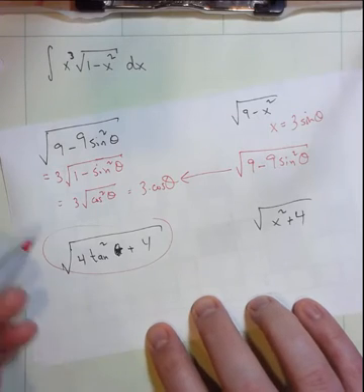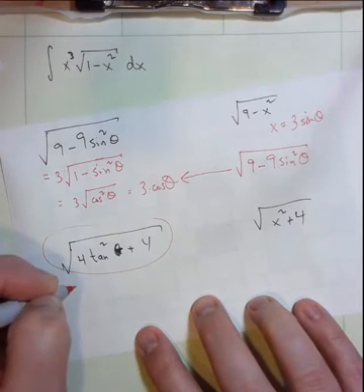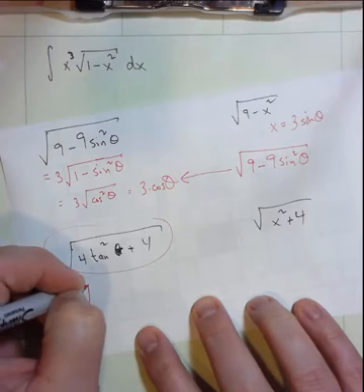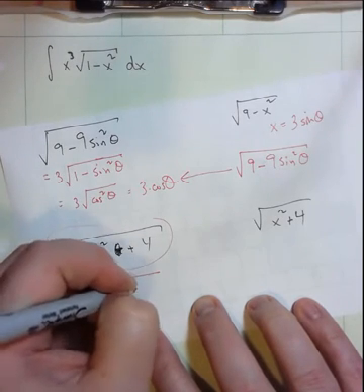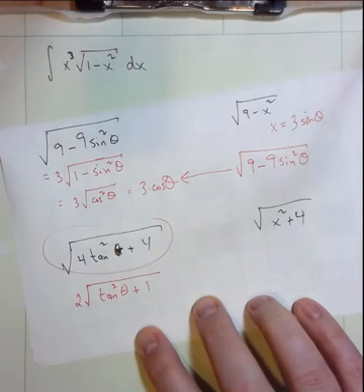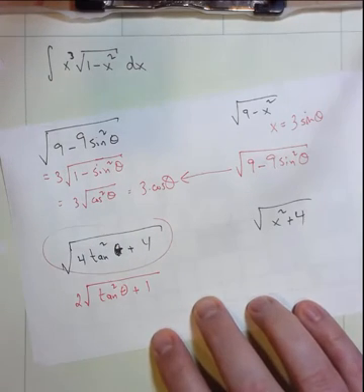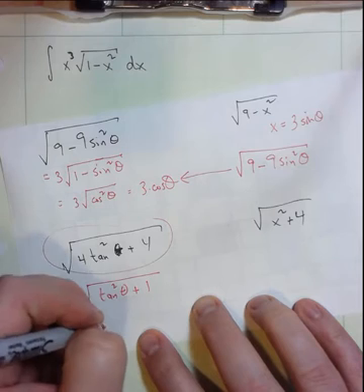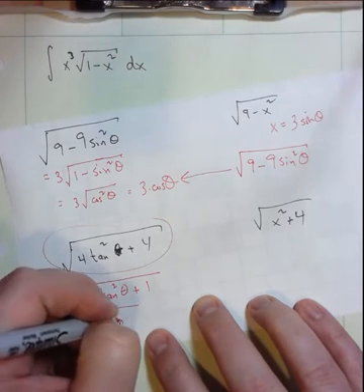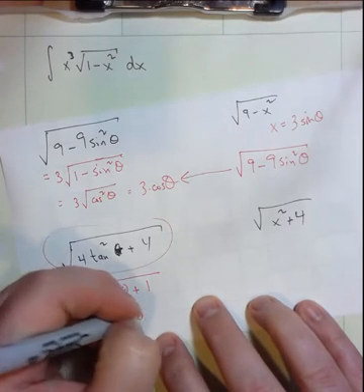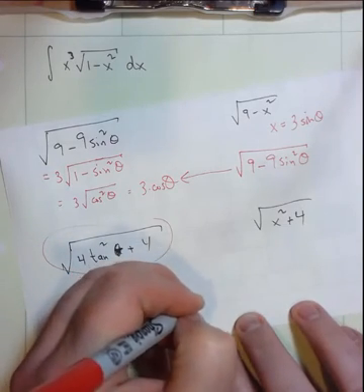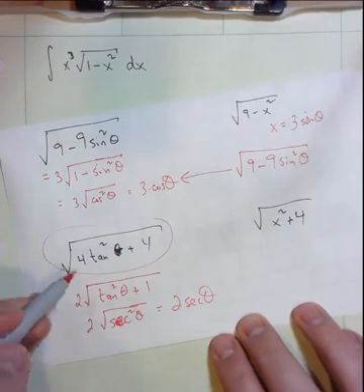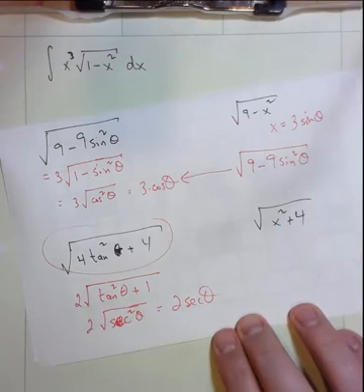Looks gross, but simplifying, if I factor off a 4 and then let the root do its job, I can pull a 2 out front and have left tangent squared theta plus 1 on the inside. And then I remember my identity, tangent squared plus 1 is secant squared. And this particular mess has simplified quite a bit.